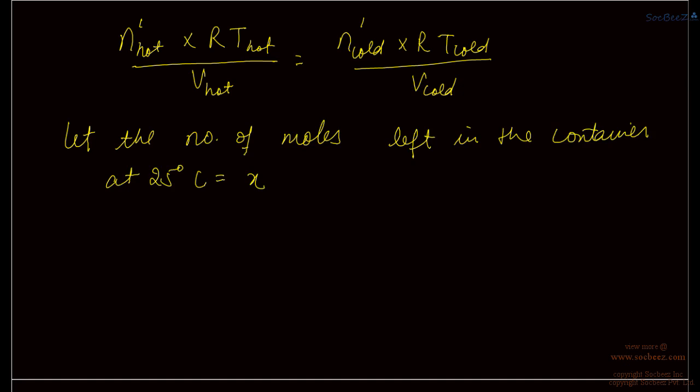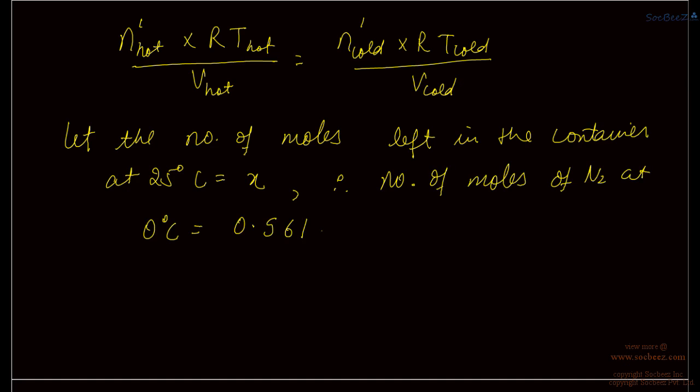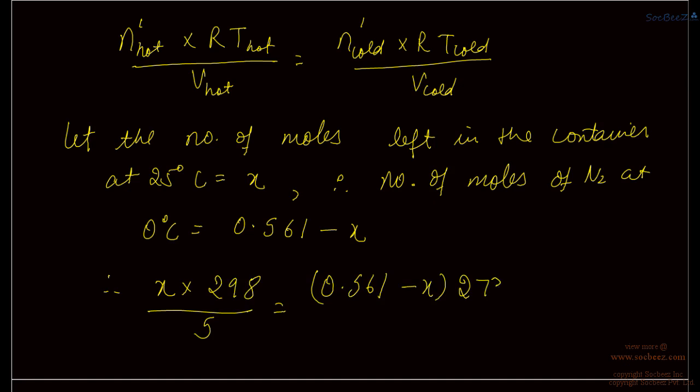Then the number of moles of N2 at 0 degrees Celsius would be 0.561 minus X, because the total number of moles will be the same in both of these conditions, and therefore X into 298 upon 5 equals 0.561 minus X into 273 upon 4.